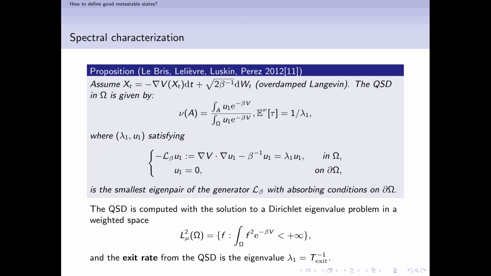It's a bit scary, but what guarantees that it becomes zero on the boundary? That's by definition. It's a theorem that the QSD is given in terms of the solution to this eigenproblem. So it makes sense that U1 is 0 on the boundary.